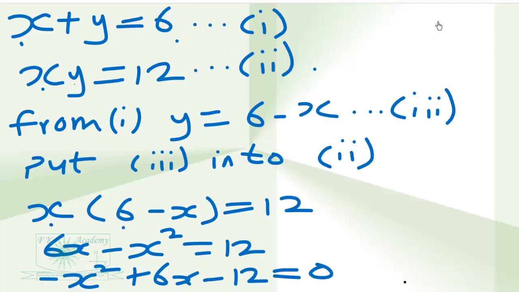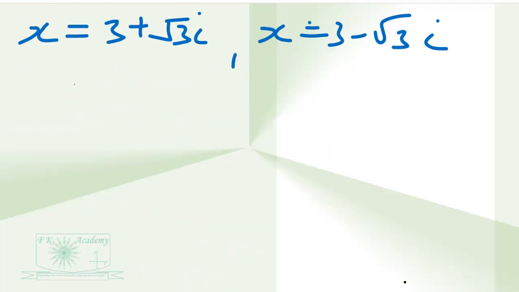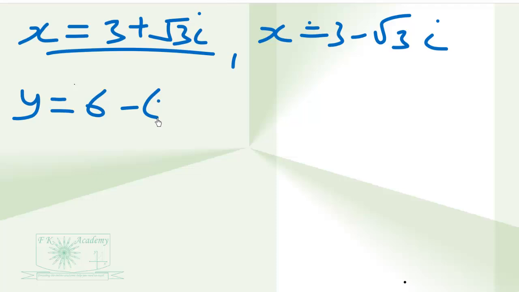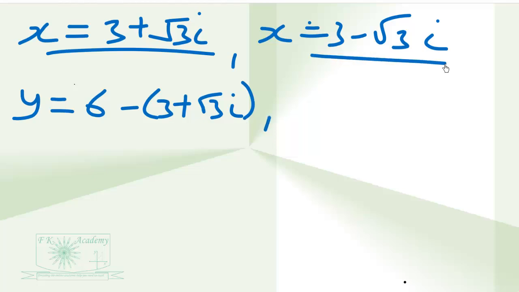Recall that the value of y is given by 6 minus x. So when x is equal to 3 plus root 3i, y will be equal to 6 minus (3 plus root 3i). And when x equal 3 minus root 3i, y will be equal to 6 minus (3 minus root 3i).